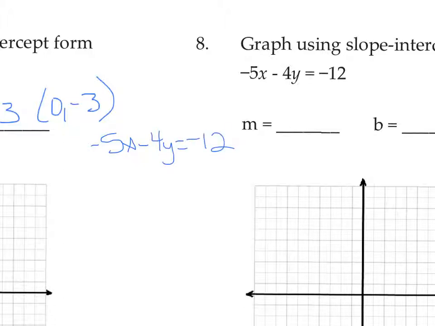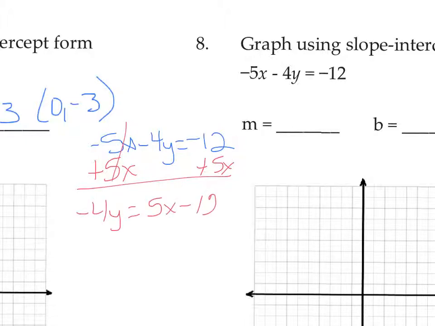To isolate the y, I need to put this x term on the other side, so I'm going to add 5x. That gives me negative 4y equals 5x minus 12. And then I'm going to divide by negative 4 to get that y by itself.